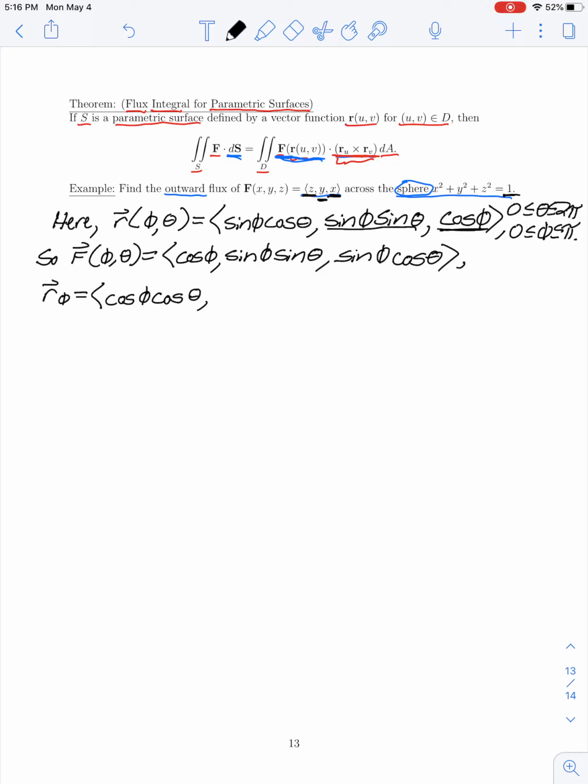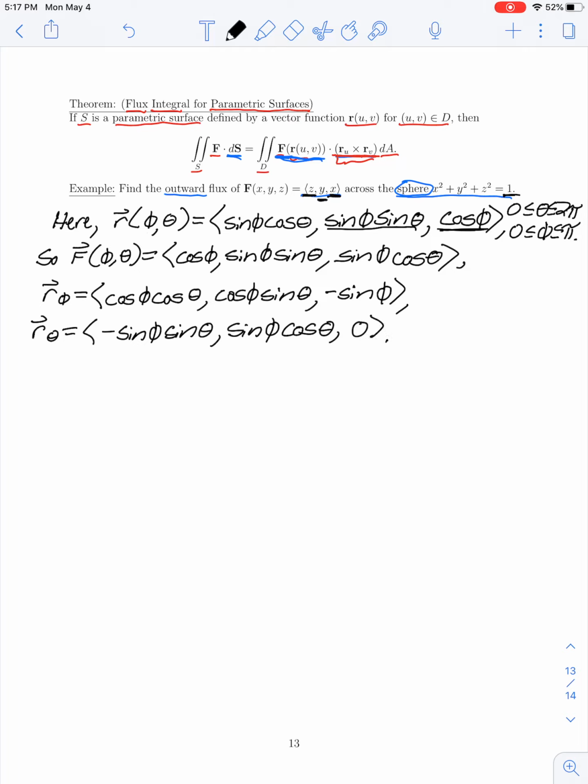The second component, we would have cosine of phi sine of theta. And our last component would be negative sine phi. And the partial derivative of r with respect to theta would have a first component of negative sine phi sine theta, then sine phi cosine theta, and 0.